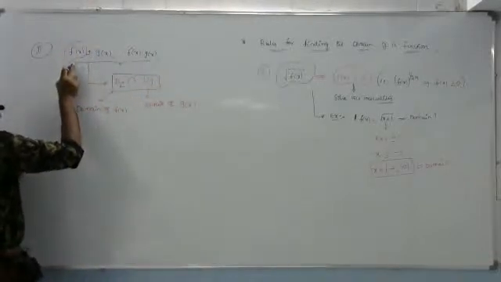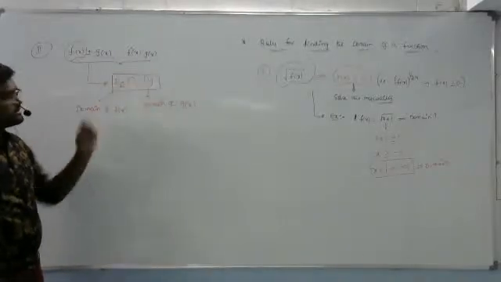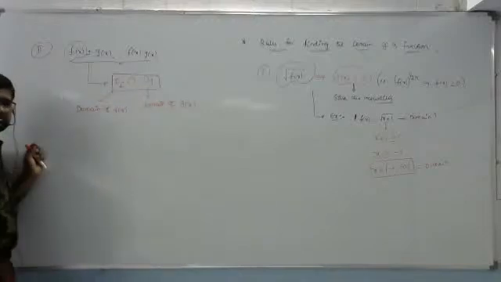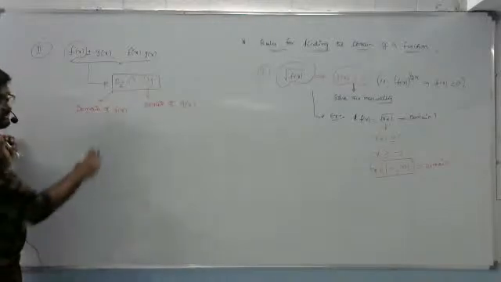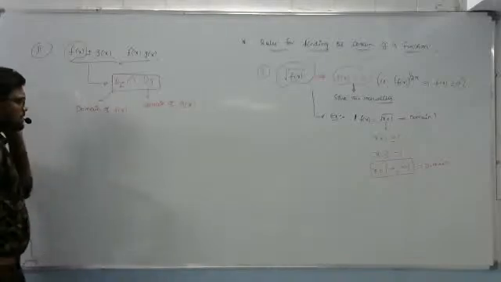So this is another rule, and please remember this. If you want to find out the domain of f of x plus or minus g of x, or f of x into g of x, the required domain will be the intersection of the individual domains. Clear? After explaining these rules, I'll explain your questions, then you will get more clarity.